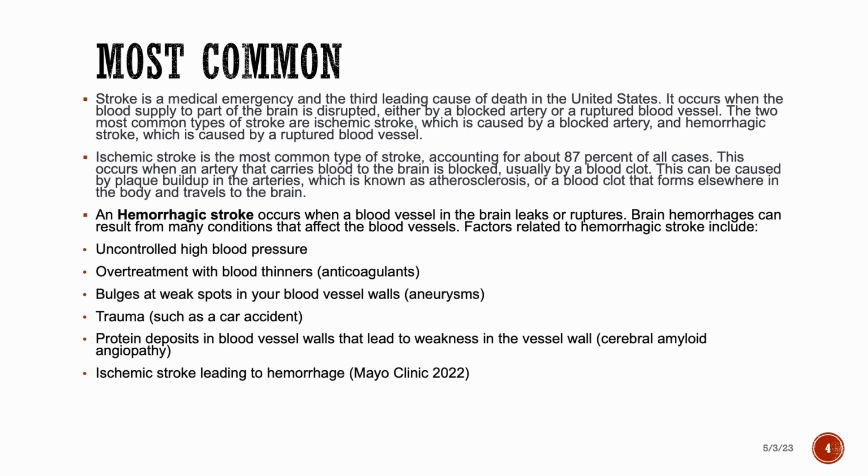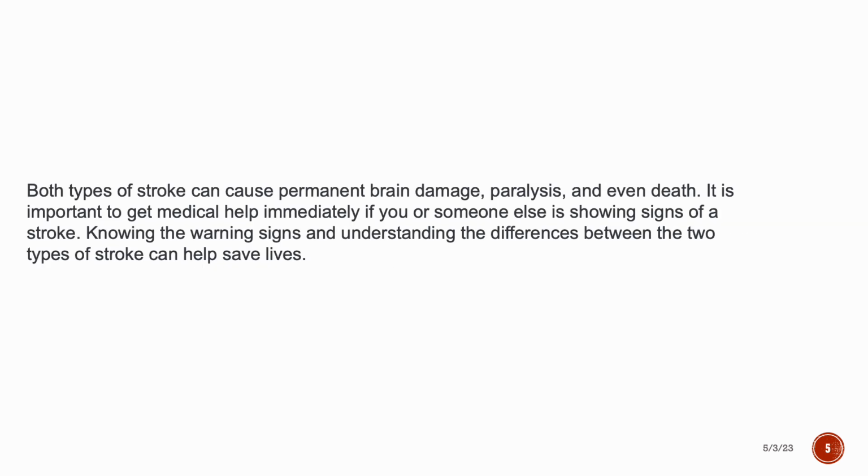It can be from uncontrolled blood pressure, blood thinners, weak spots in the blood vessels, trauma such as car accidents, and protein deposits in blood vessel walls that lead to weakness in the vessel wall.